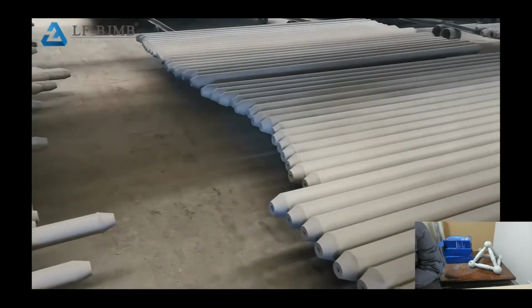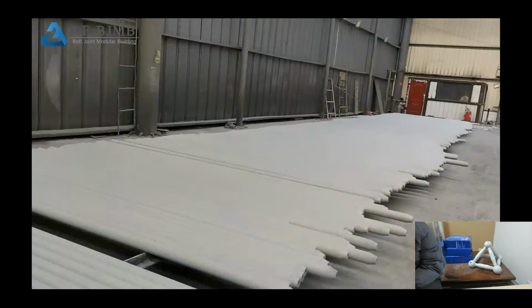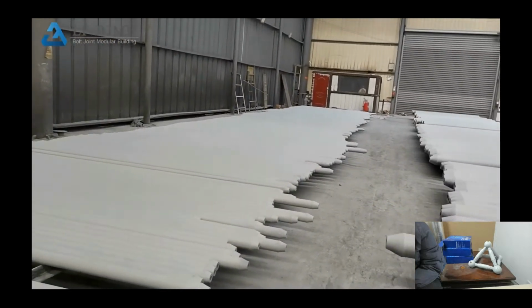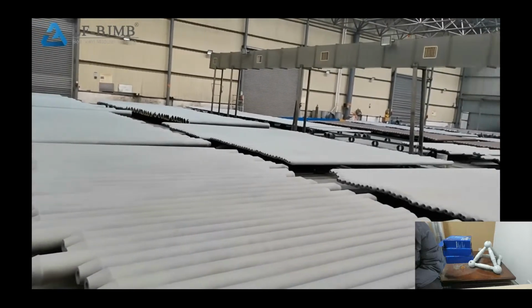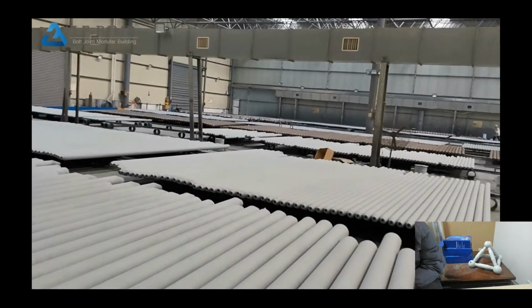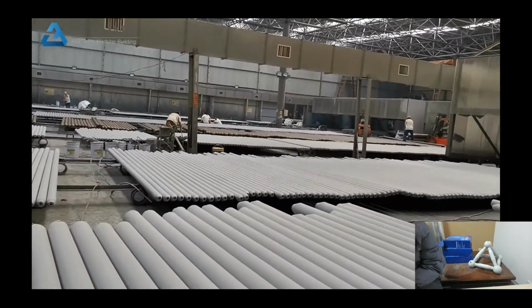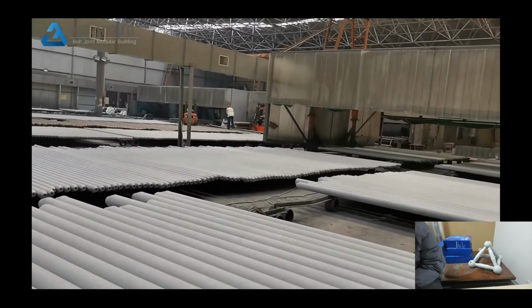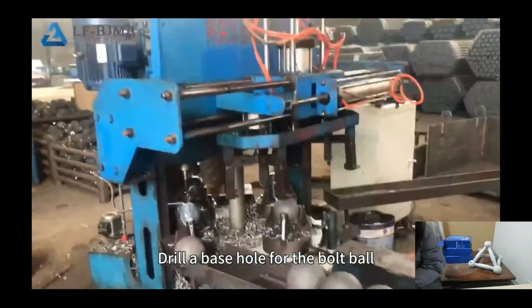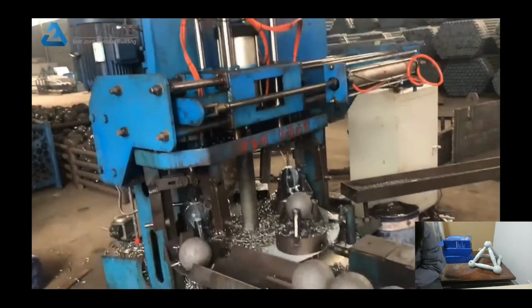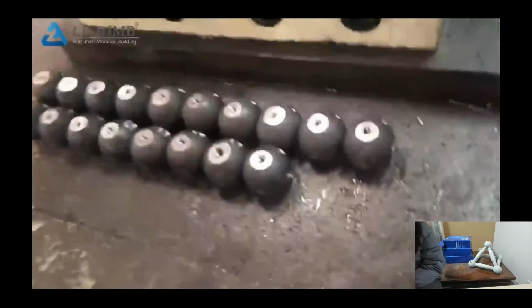This is the punching of the rods. Drill a base hole for the bulb bowl. Then the bulb bowl is machined.